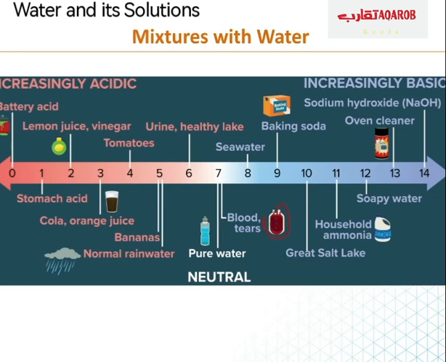Stomach acid is from 1 to 2, mainly 2. Lemon juice is 2, 3 like cola, orange juice, vinegar.